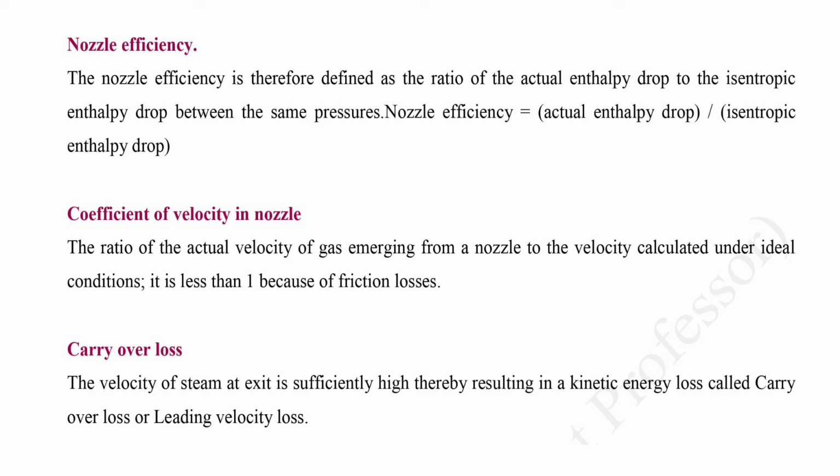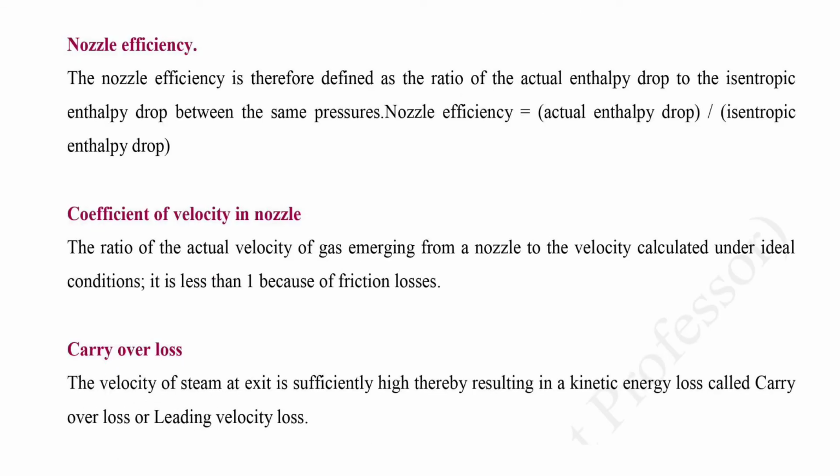Also, the coefficient of velocity in a nozzle is the ratio of the actual velocity of gas emerging from a nozzle to the velocity calculated under ideal conditions. It is less than 1 because of friction losses and carry over losses.